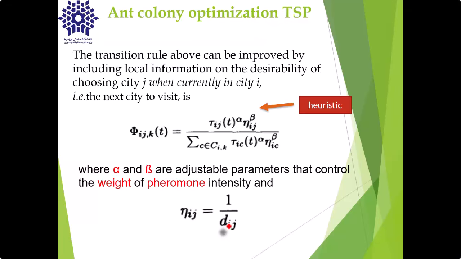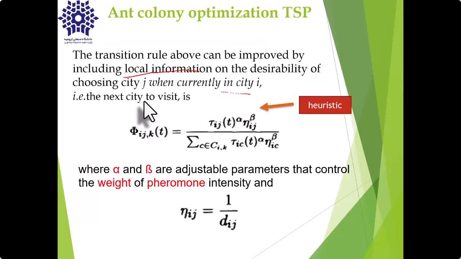If you want to help TSP algorithms, especially in the initial steps, we add another heuristic. We add another term. The transition rule above can be improved by including local information on the desirability of choosing city J when currently in city I.